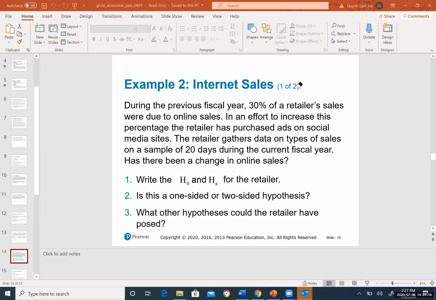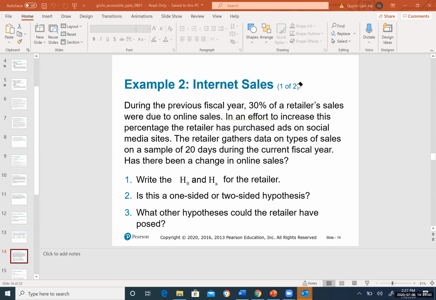Now keep reading. So has there been a change in online sales? In order to answer this question, you have to compute first and then write a conclusion, so you need to interpret that. The first step, you need to write H naught and HA for the retailer. So H naught will be equal to 30% or 0.3, right?